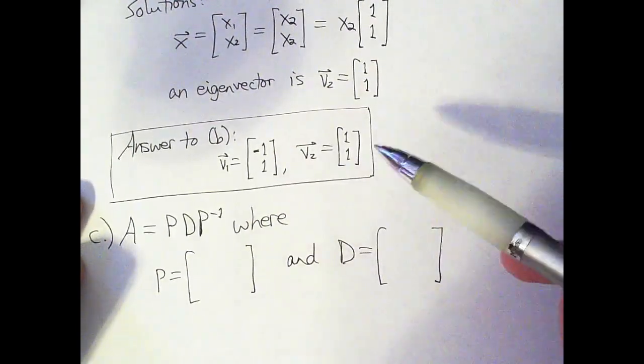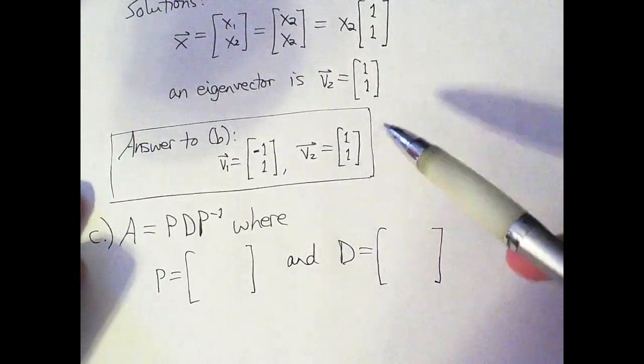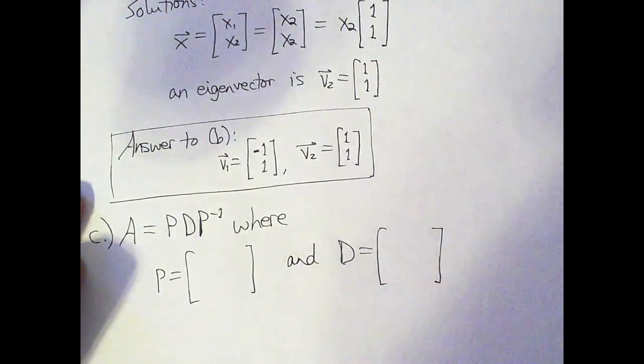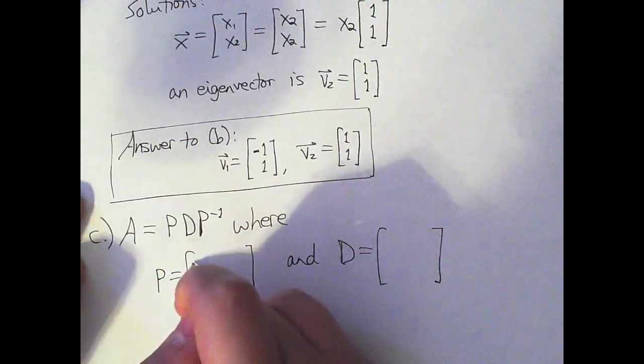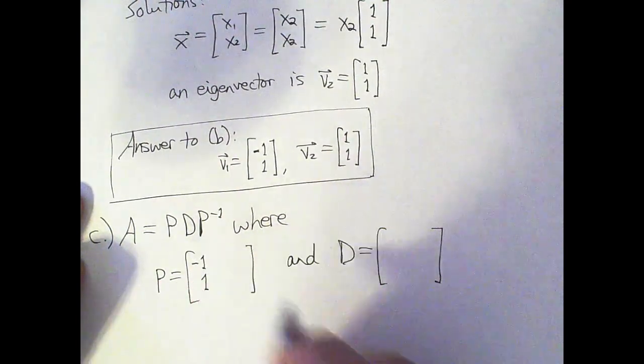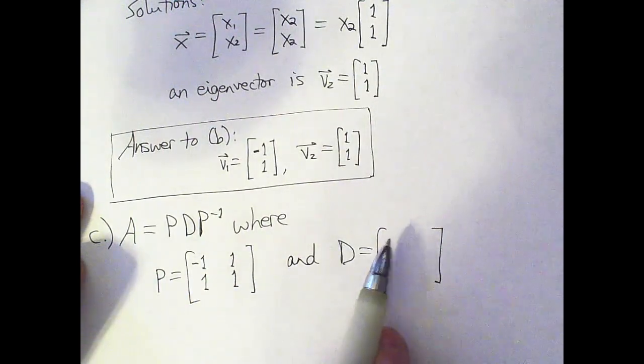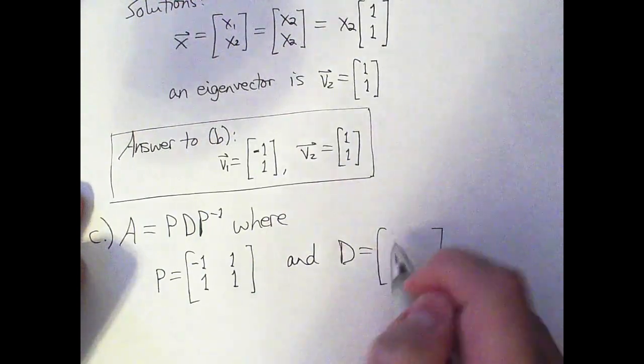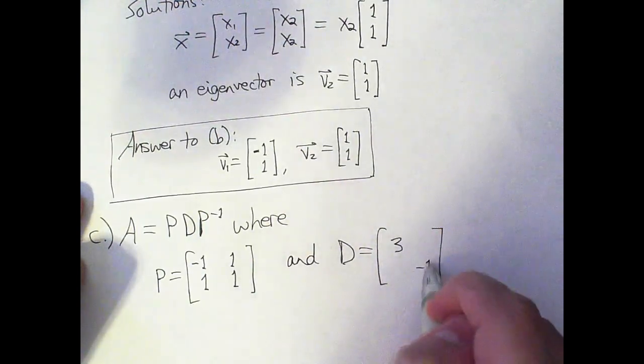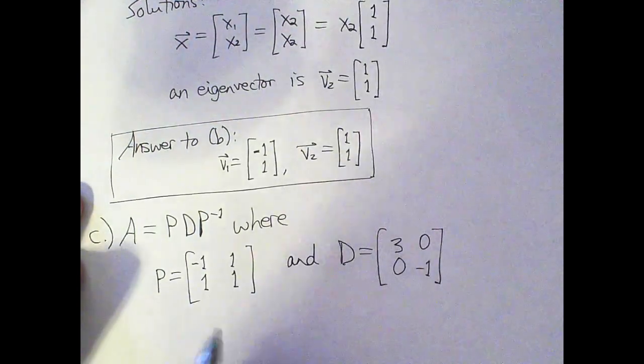Notice that I wrote the two linearly independent eigenvectors right next to each other. It's going to be real easy to use those to form the matrix P. You just use the first one as the first column and the second one as the second column. Because I did them in this order, I have to make sure that I go lambda 1, lambda 2, which was 3, negative 1. Now, this is my answer.